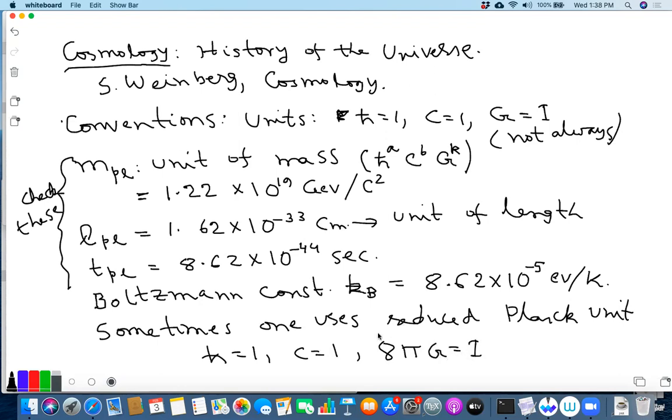This means that when you write a formula like this, instead of using G, you will write 8 pi G to the power k. Then you can work out what the reduced units will be. They will be of the same order, but they will differ by some factors. Other questions?